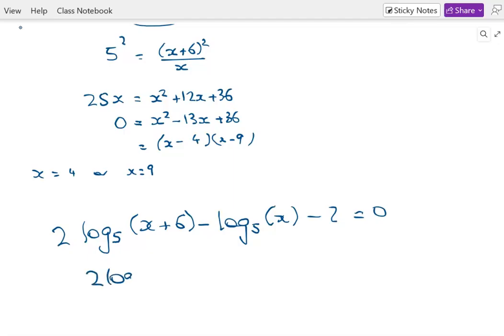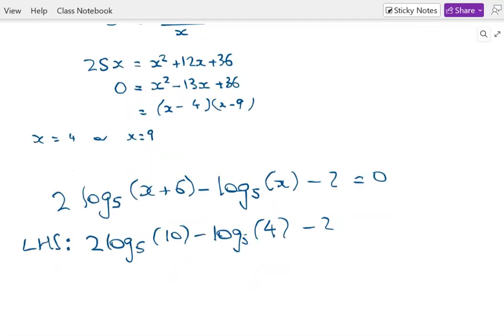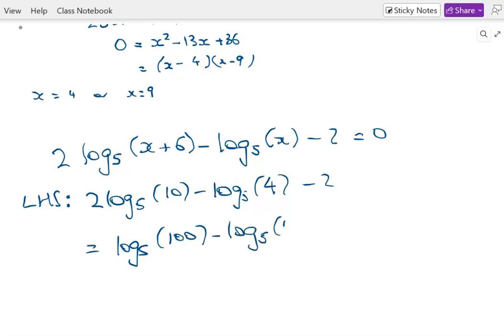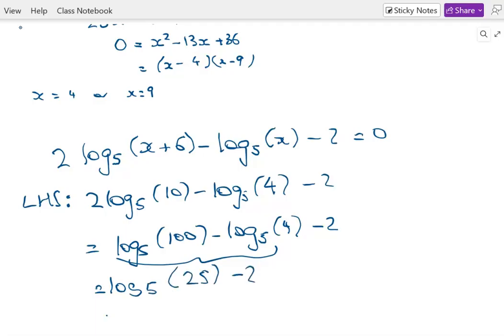We get 2 log to base 5 of 10 minus the log to base 5 of 4. If we clean that up, we get the log to base 5 of 100 minus the log to base 5 of 4, minus 2. Combining these, we get the log to base 5 of 25, take away 2.